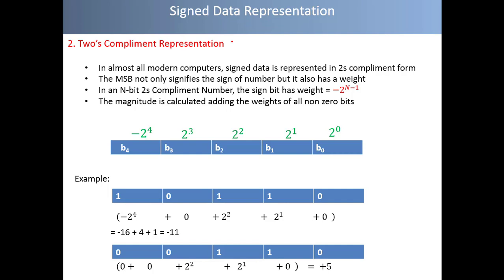The difference between 2's complement representation and sign magnitude representation is that in 2's complement form, the most significant bit, which denotes the sign, has a specific weight, and we use this bit in order to compute the decimal value of the given 2's complement binary number. In sign magnitude form, we never use the most significant bit to compute the value.